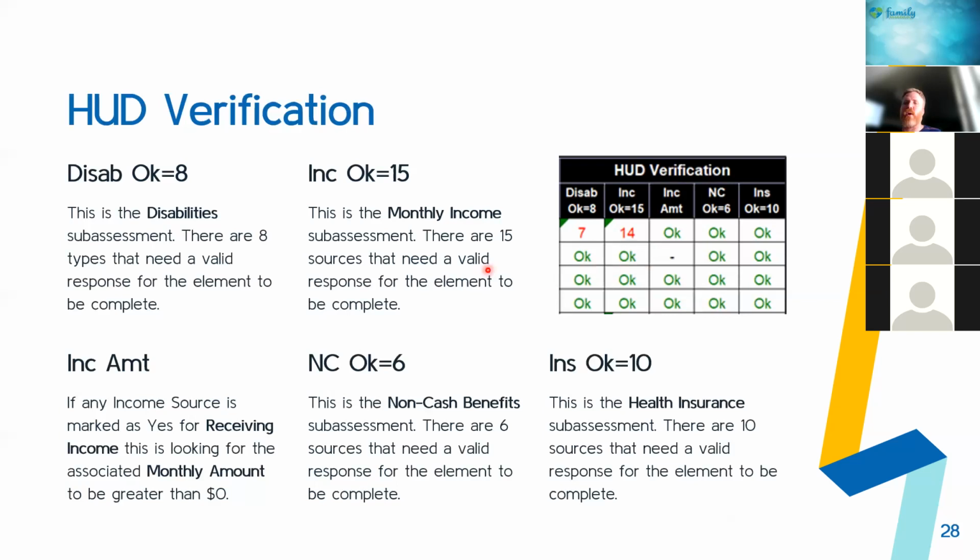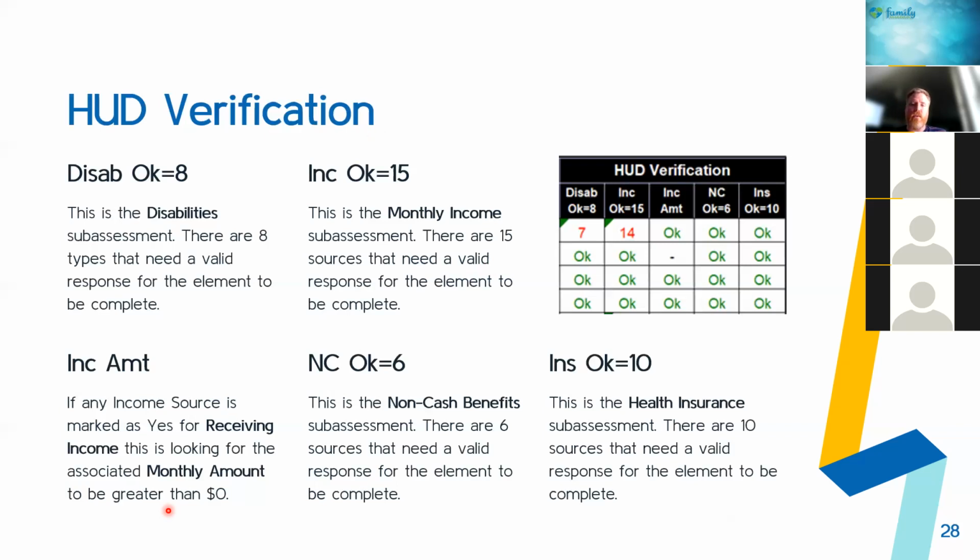But what this is looking for is there a valid, complete response for all of the different options in the HUD verifications? The only one that's different is income amount. And again, this is looking at those specific income sources. So from the 15 sources here, it's checking if you marked yes, they're receiving employment income, or yes to SSI, SSDI, one of the other options.